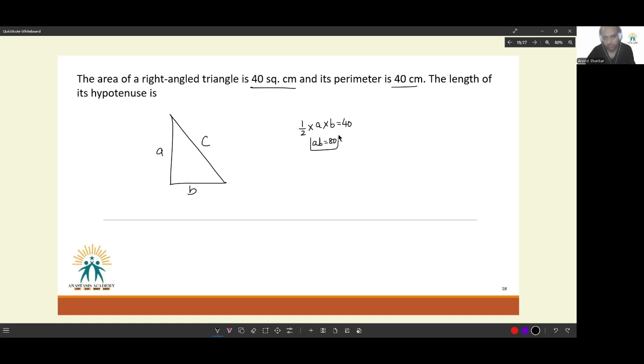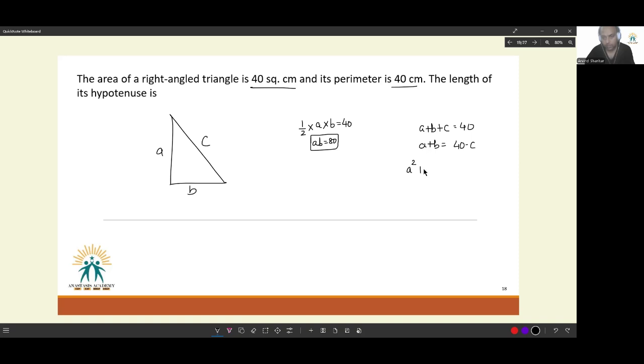We know this much. Then we also know A plus B plus C is equal to 40, or A plus B is equal to 40 minus C. Now square both sides.